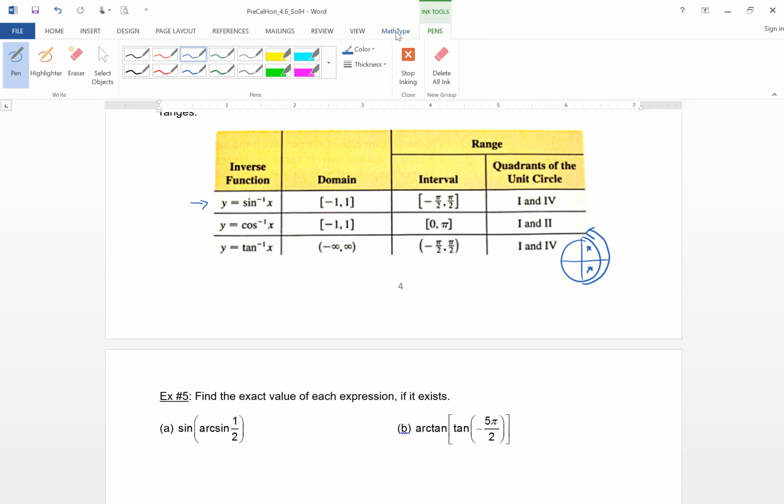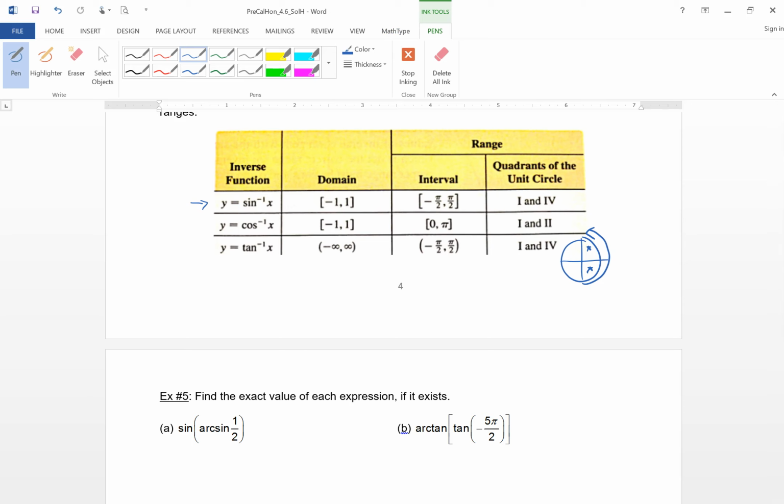But this drawing doesn't have a domain restriction. Well, that's the range. The interval negative pi over 2 to pi over 2 of the regular tangent function then becomes the domain of that. Yeah, but it's like a typo, I guess.